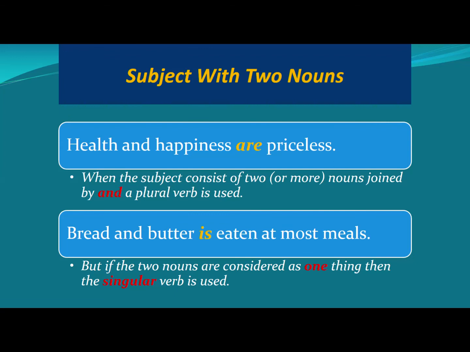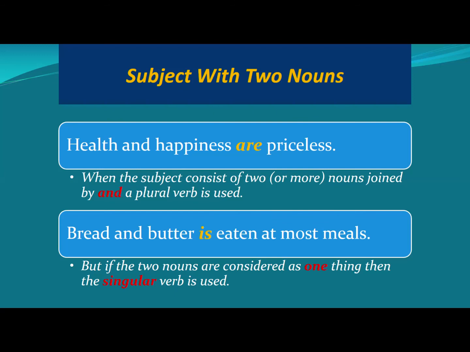Now see the subject with two nouns. Health and happiness are priceless. Here, though "and" is used in between, health and happiness are two different topics, not having the same meaning, so we will use are as the helping verb because the subject is in plural number.